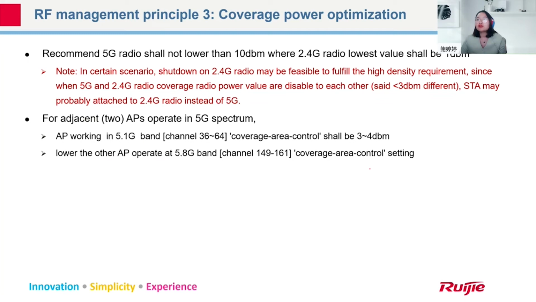For the coverage control setting, we suggest 5.1G be lower than 5.8G. That is to ensure the air connection for stations connected to either AP. So this is a function.